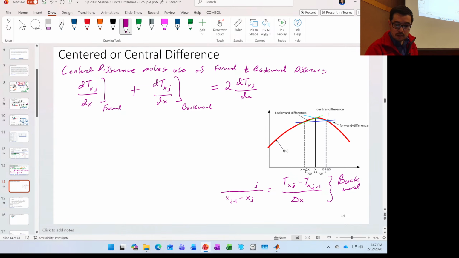And this value that you have here, if you do the centered difference, and I'm skipping some of the math, dictates that you will have the following expression.